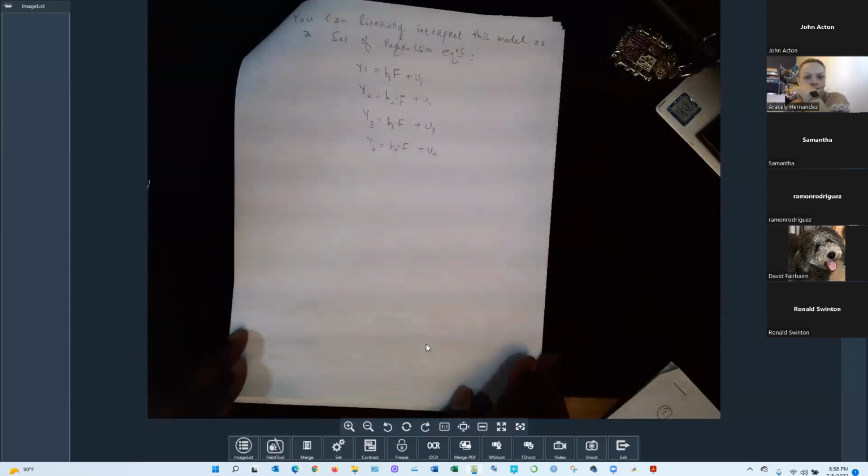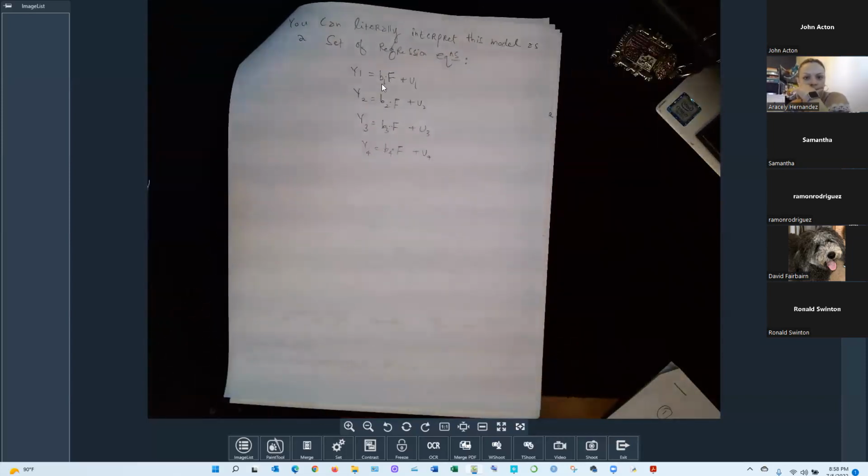I wrote y1 with the aid of b1, and y2 with the same factor. Can we include several factors that are going to affect test 1, test 2, test 3, and test 4? If these are different kinds of tests, let's say math test, language test, some computer science tests, different people have their skills in languages, sometimes they have technical skills.